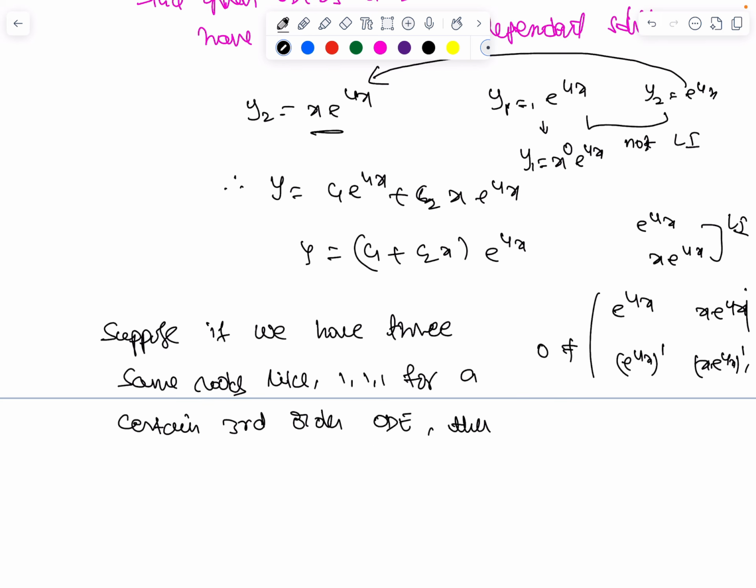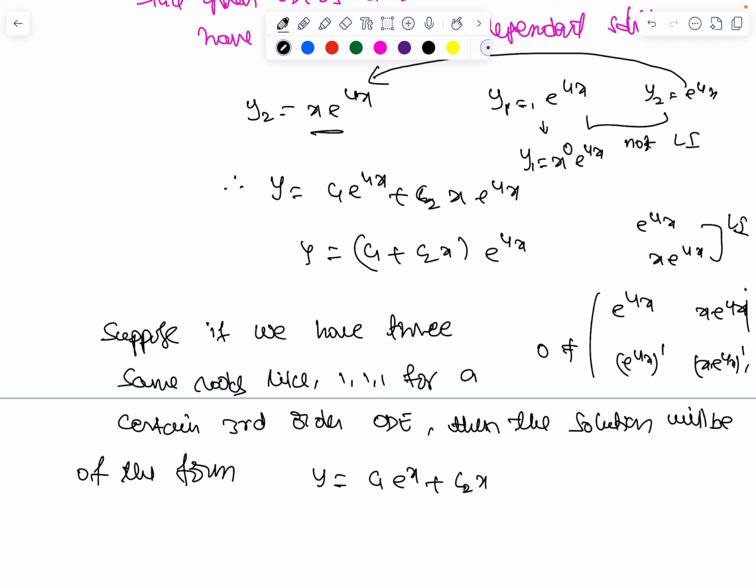Then the solution will be of the form y is equal to c1 e power x plus c2 x e power x, because m is 1 in this case, plus c3 x square e power x. If you take e power x common, that is the root, now you have c1 plus c2 x plus c3 x square.